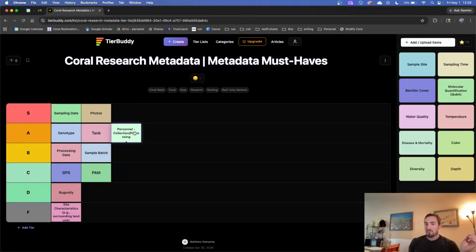Done hundreds of extractions, but it's usually the sequencing run where it gets messy. Leave it there for now. We'll leave it there for now.